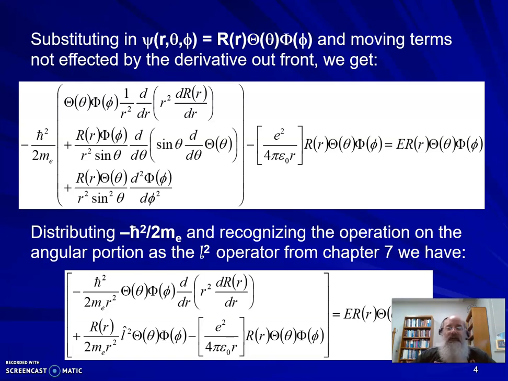Now, on the next slide, I'm going to show you a mathematical justification for converting all of this angular portion to the L squared operator. And then on the following slide, we'll go back to working with this equation as it's written. So let's take a look at that.